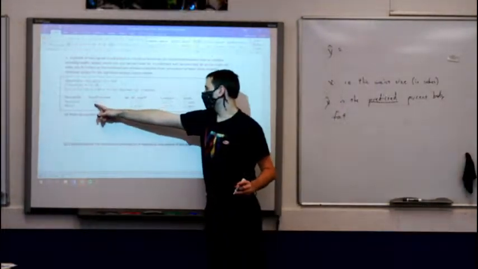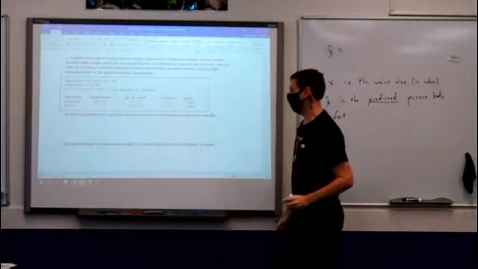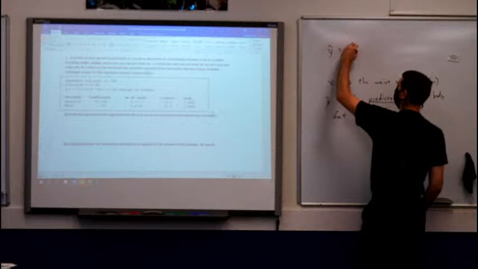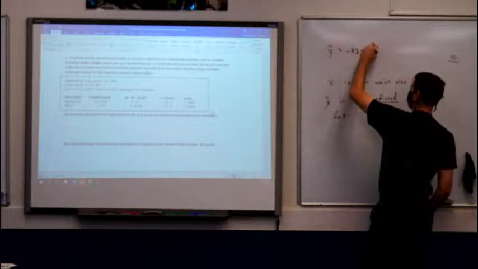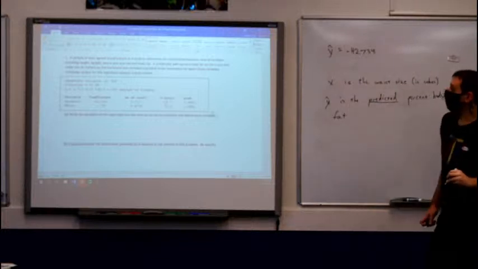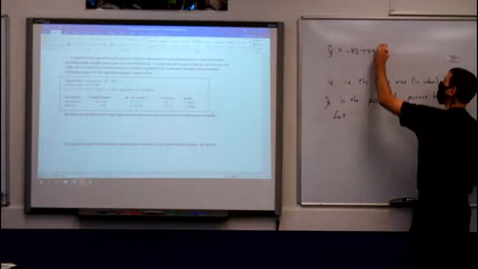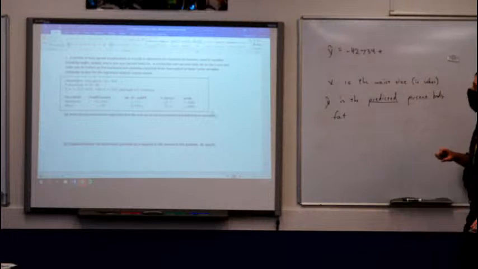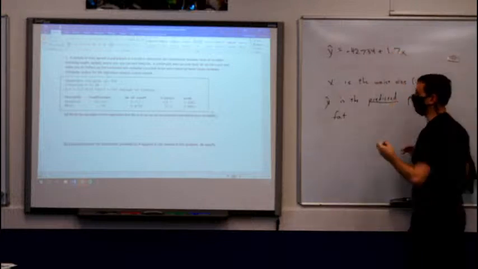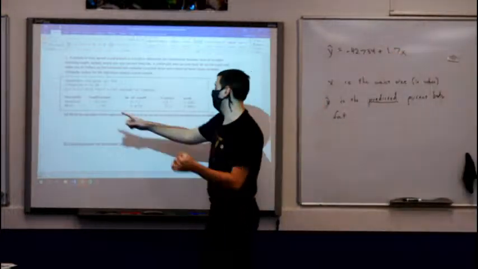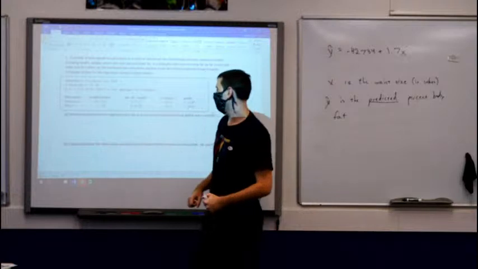There's your y-intercept, negative 42.734. It's the constant. Plus our slope, which is 1.7, again, attached to our variable.